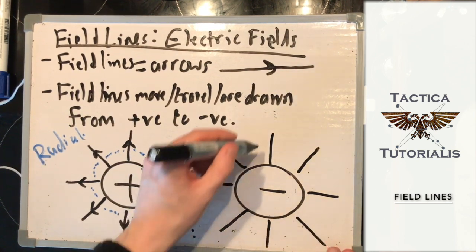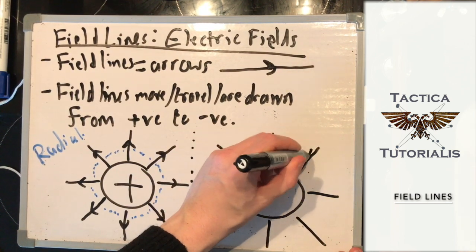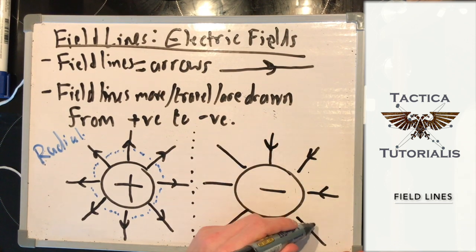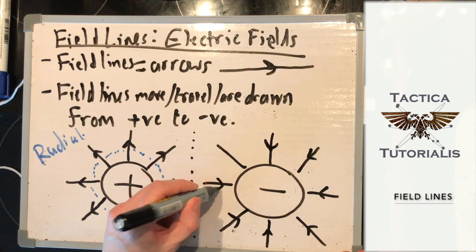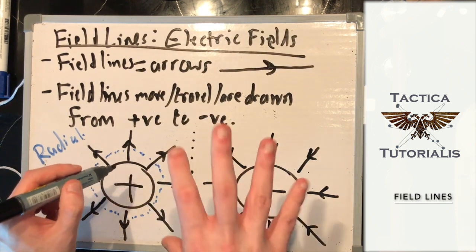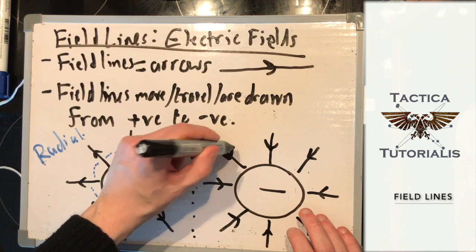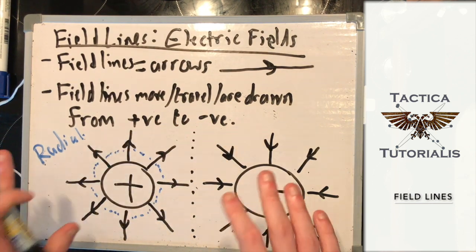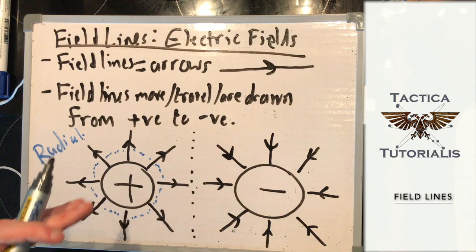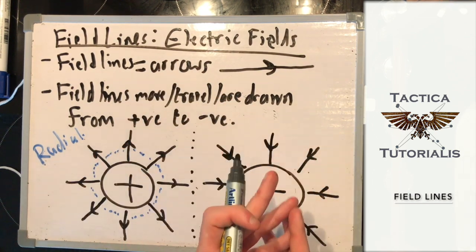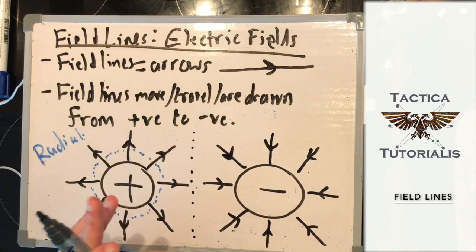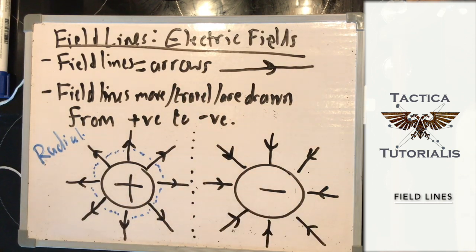But this time, our arrowheads will be pointing inwards. Because you might say that this is the sort of source and sink, which is a terminology you might come across in some areas, where all the electric fields would arrive at, and so all the electric field lines are going into it rather than out from it like we had with our positive charge.